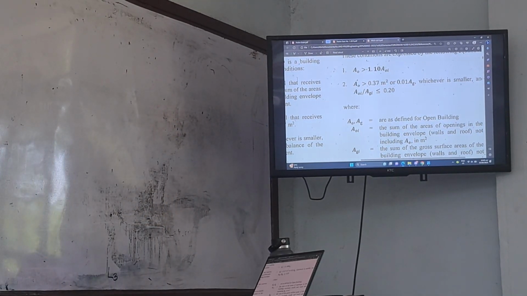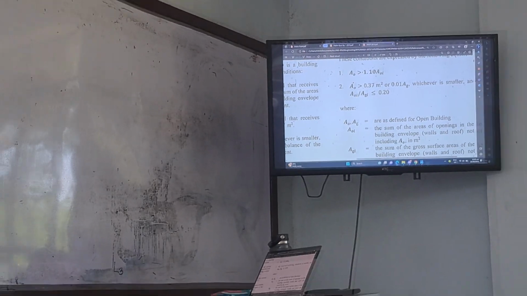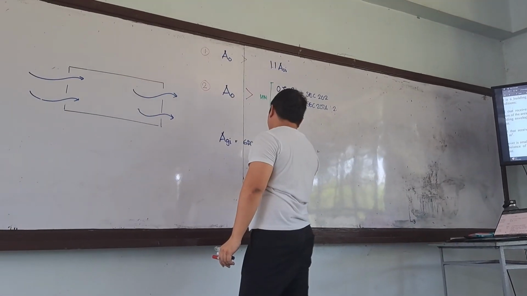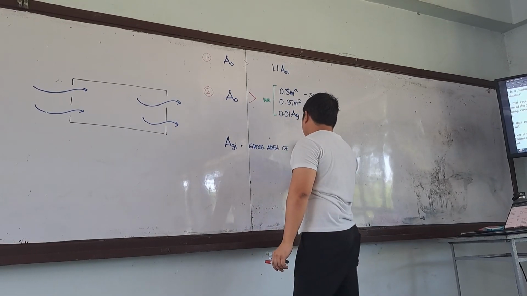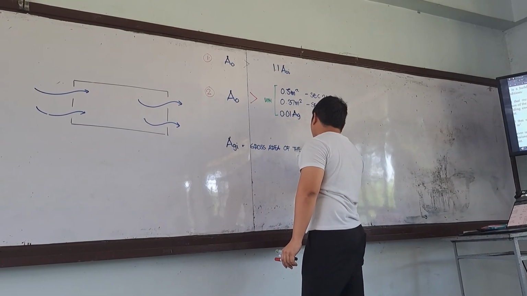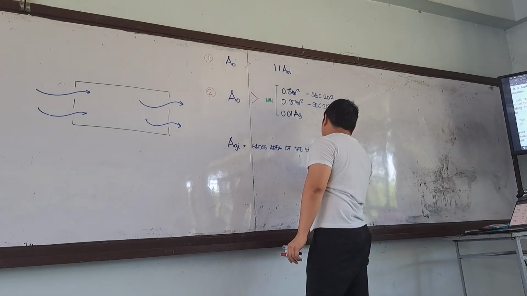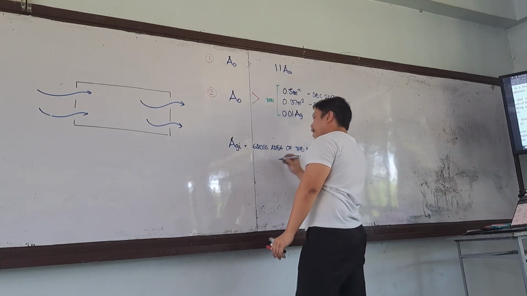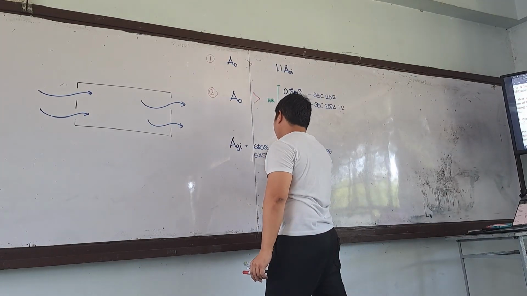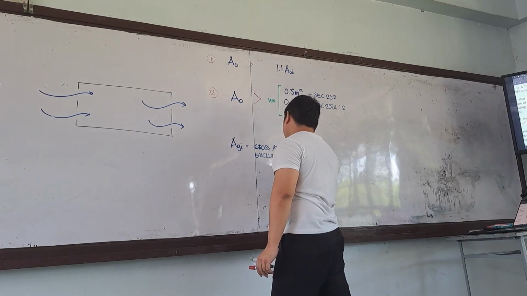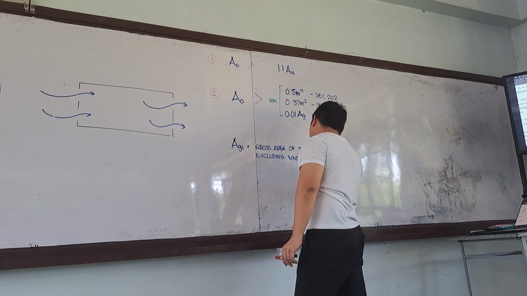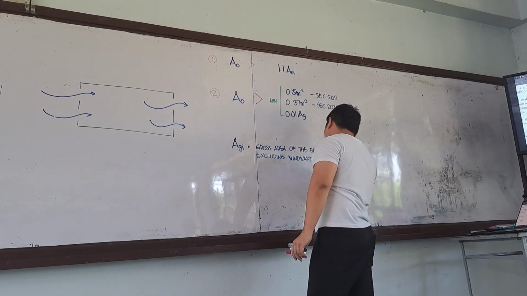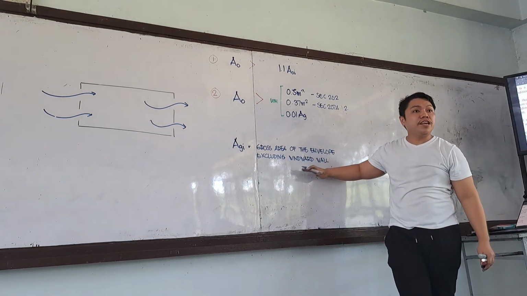So AGI is the gross area of the envelope excluding the windward wall, the remaining gross area.